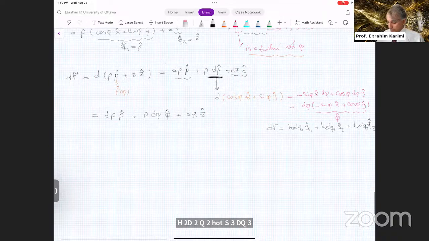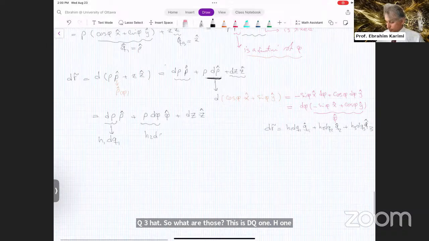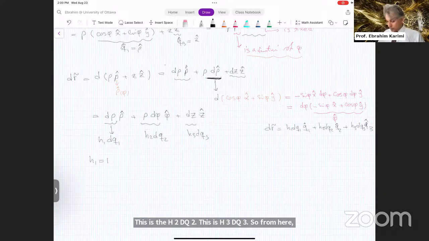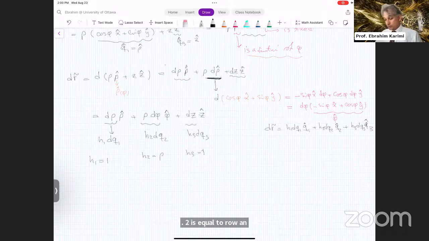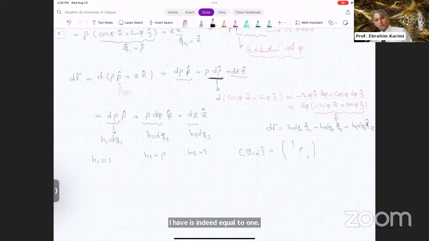From here, immediately I find that h1 is equal to 1, h2 is equal to rho, and h3 is equal to 1. So G ij is equal to diag(1, rho, 1). That's the metric of the space that I have.